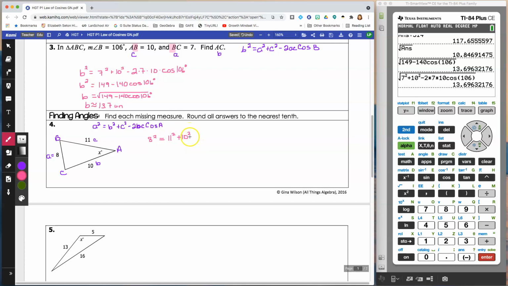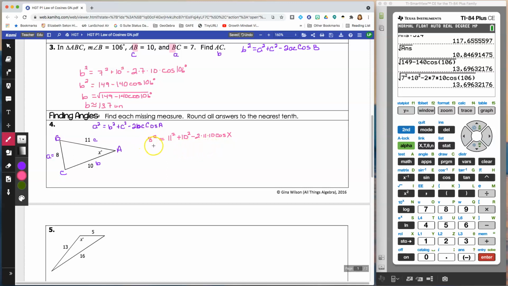Remember, addition is commutative, so it doesn't matter which order I wrote it in. Minus 2 times 11 times 10 times the cosine of x. There's my angle A, right? That's my x.